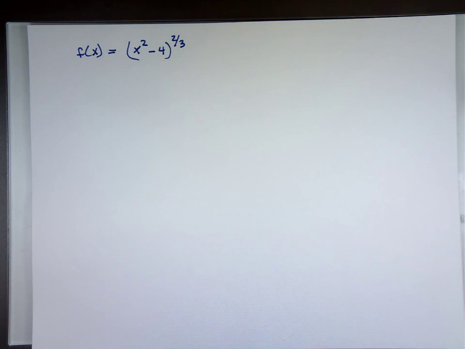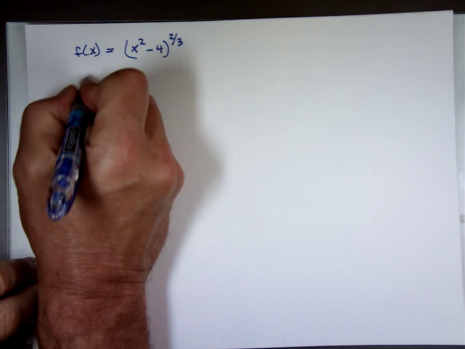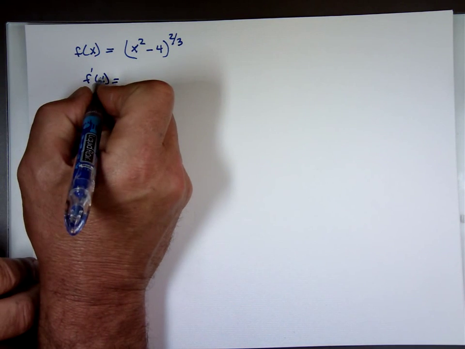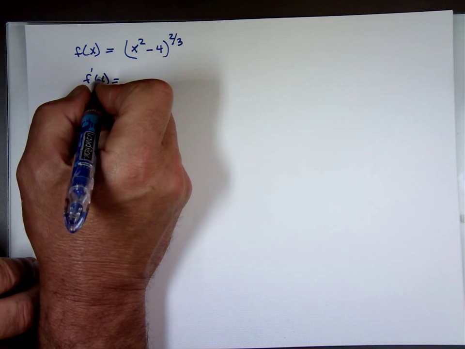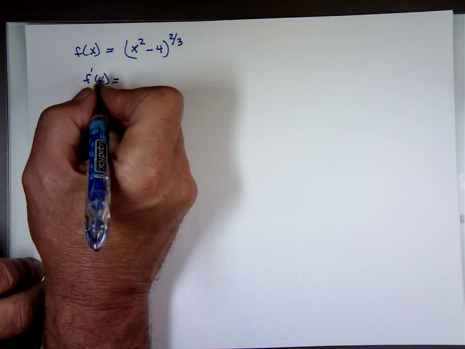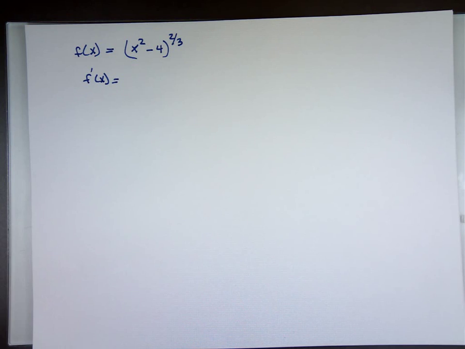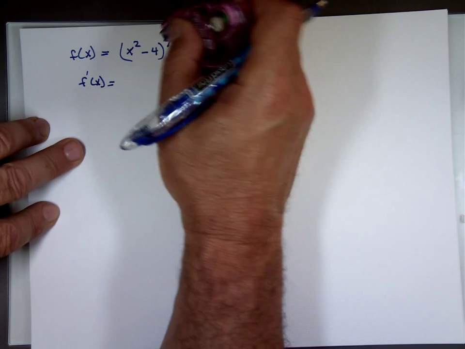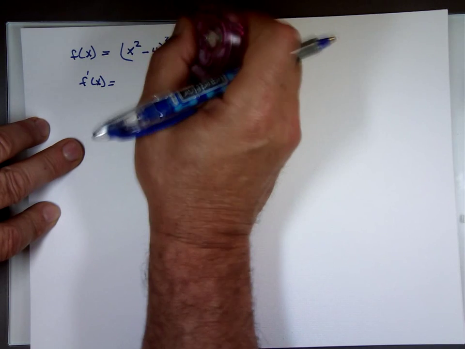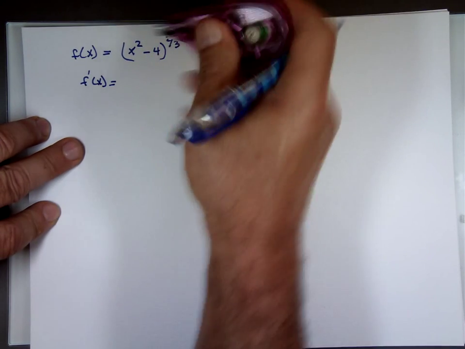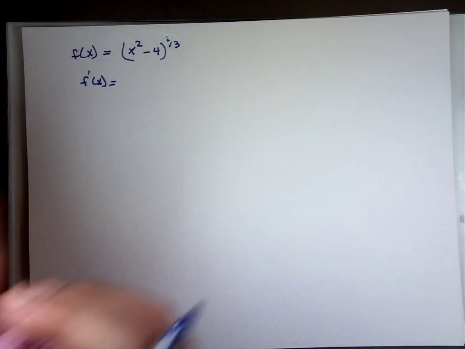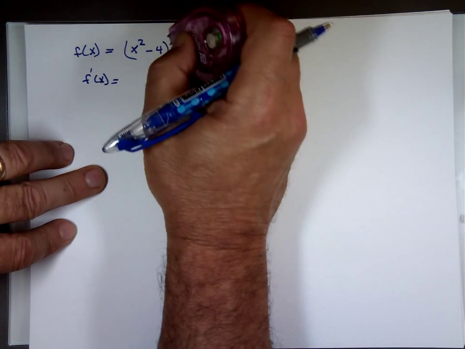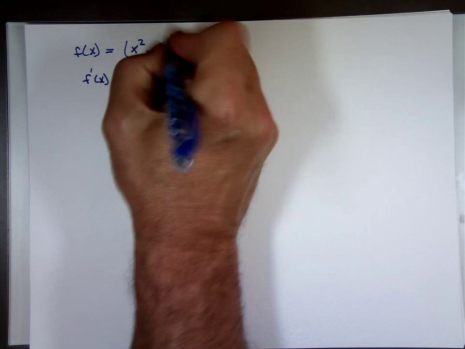We found the derivative of that. Ooh, maybe I shouldn't start with that. That's not a pretty one. Let me start with a different one. Instead of 2/3, let's change the power, because that's ugly to start with. Let's say it's squared.